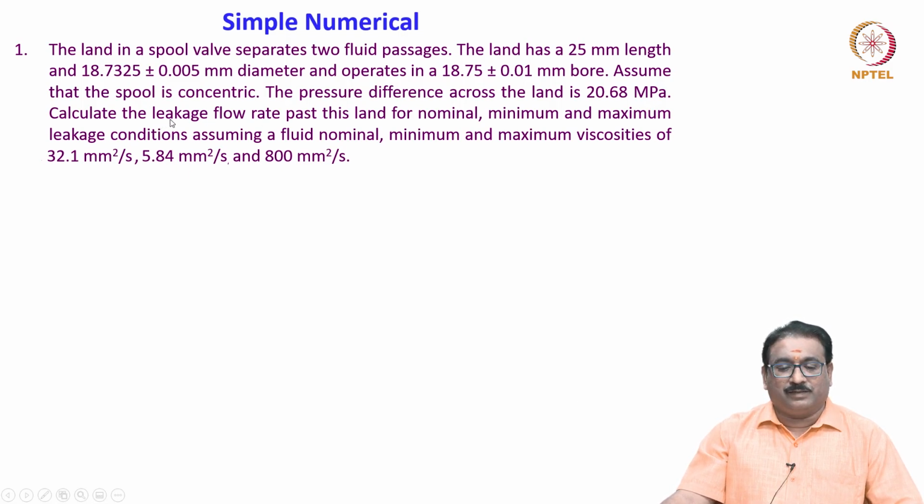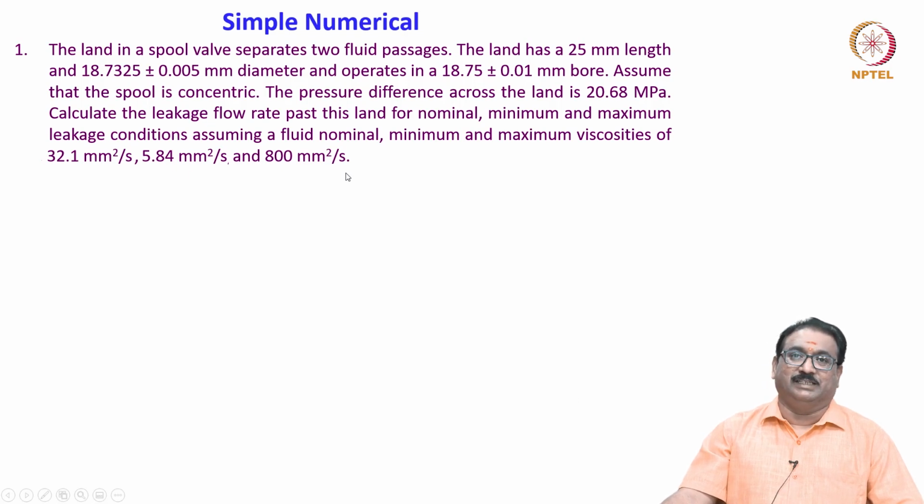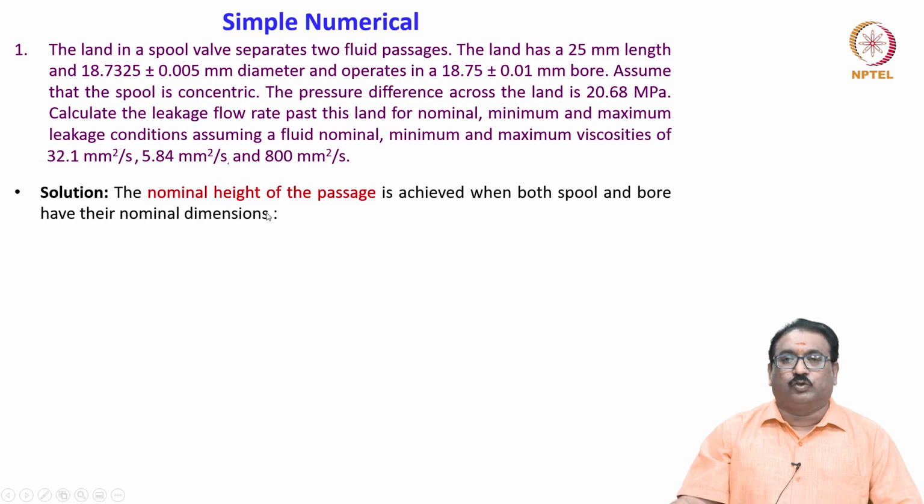Calculate the leakage flow rate past this land for nominal, minimal and maximal leakage conditions, assuming a fluid with nominal, minimum and maximum viscosities of 32.1 mm square per second, 5.84 mm square per second and 800 mm square per second. Kinematic viscosity in cSt is given. So, solution, how to do it?